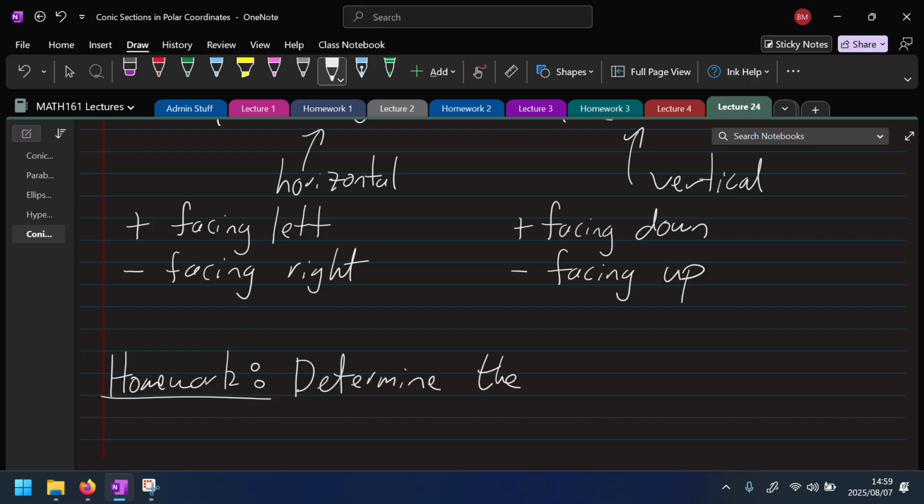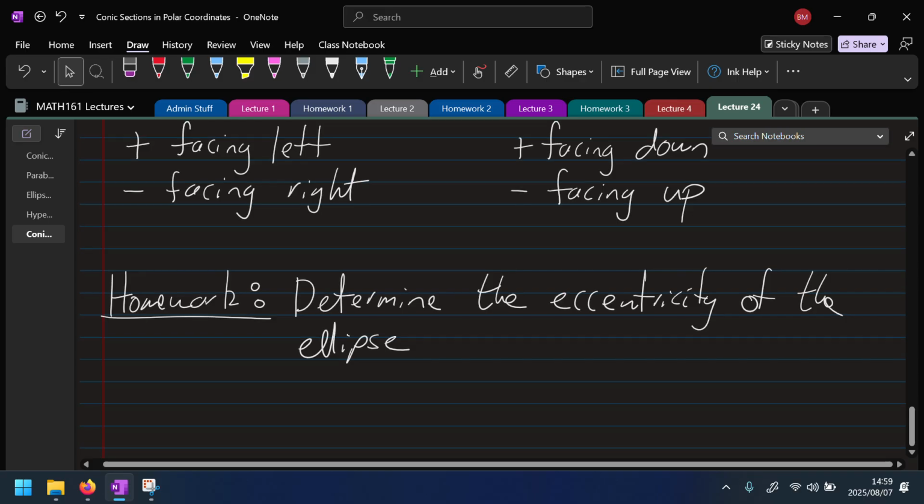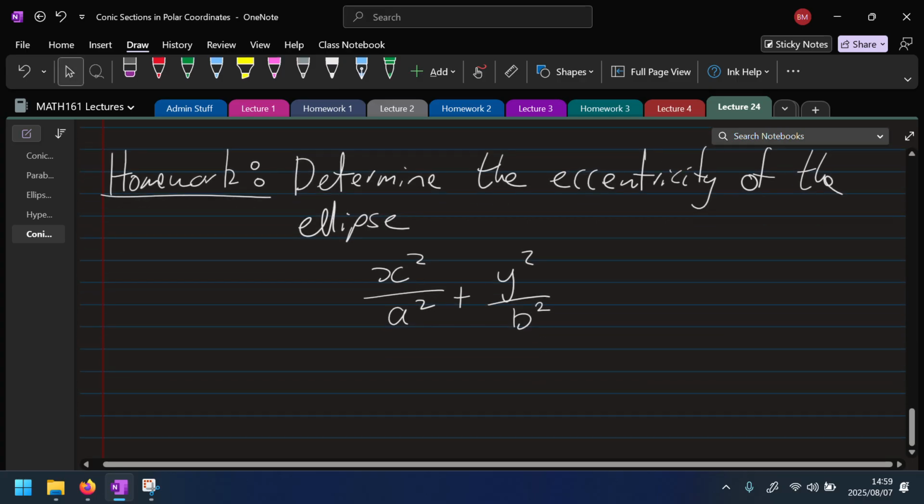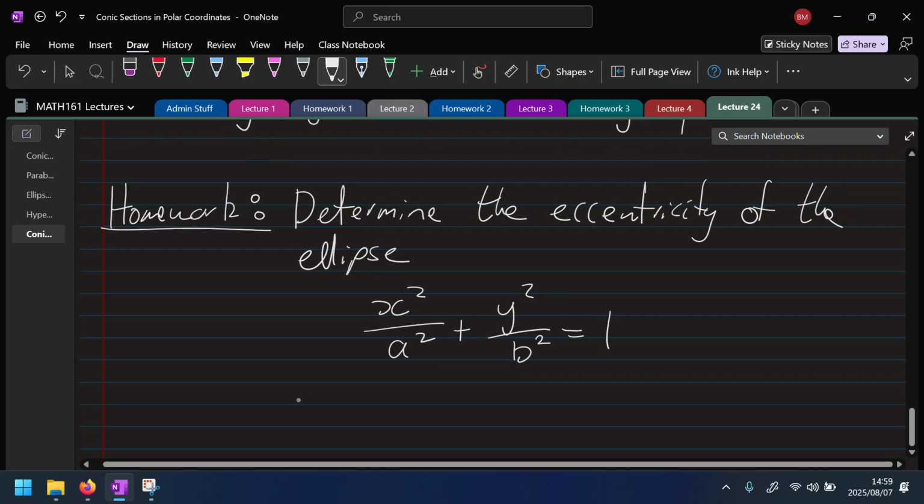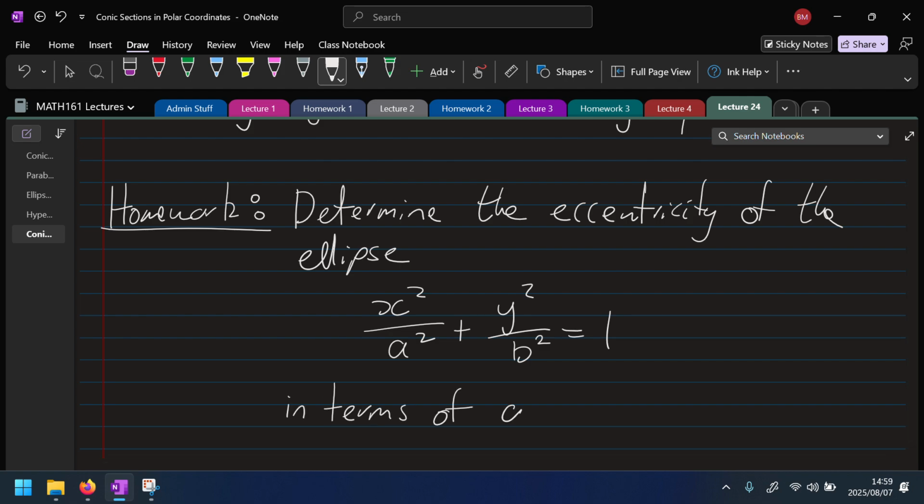Determine the eccentricity of the ellipse x squared over a squared plus y squared over b squared equals 1, in terms of a and b.